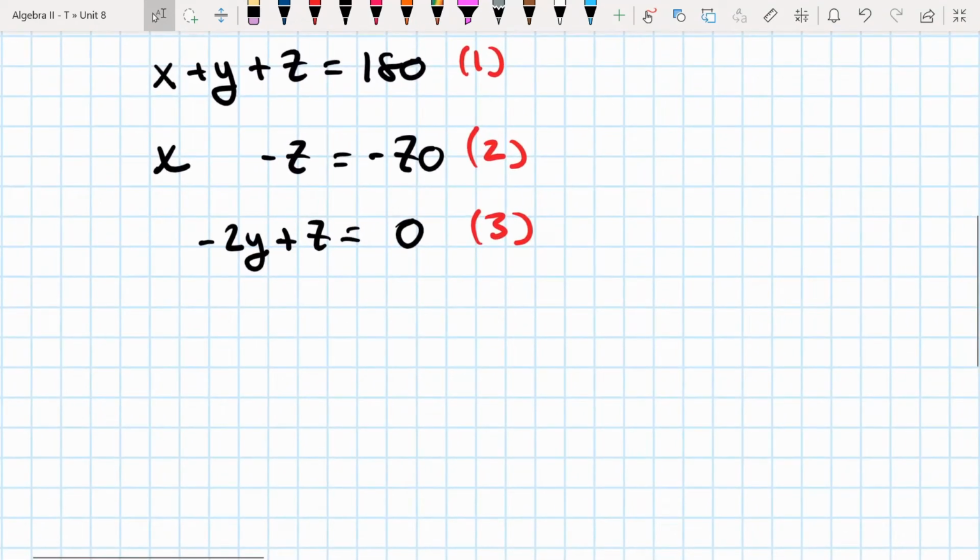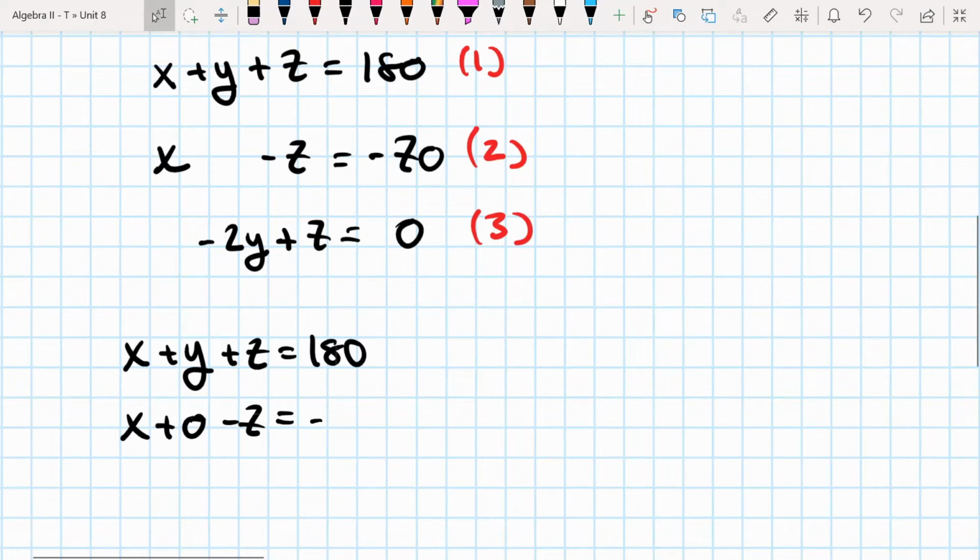Let's use elimination to get rid of one of the variables. I think z is probably the easiest variable to get rid of. I'm going to start by taking the first equation and the second equation, and then let's get rid of z by adding those together. So x plus y plus z equals 180. x, I'll put the zeros in this time, 0 minus z equals negative 70.